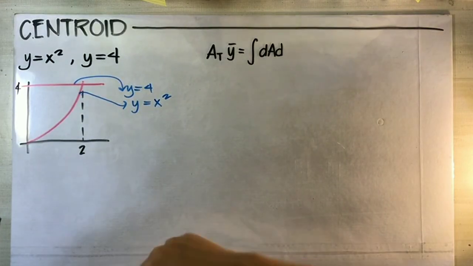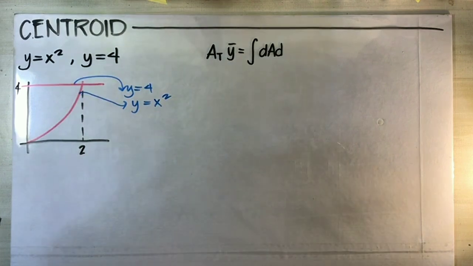So for our next topic, the centroid. We still have the same problem so that there will be less confusion, because if we use a different problem, there might be confusion.